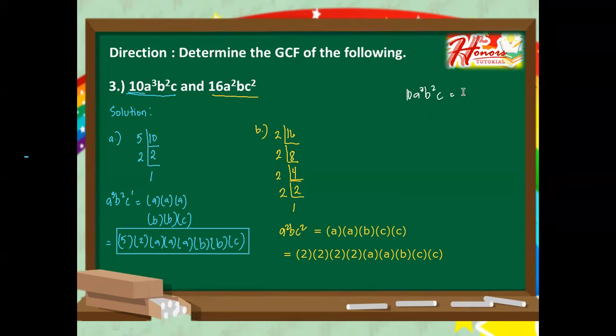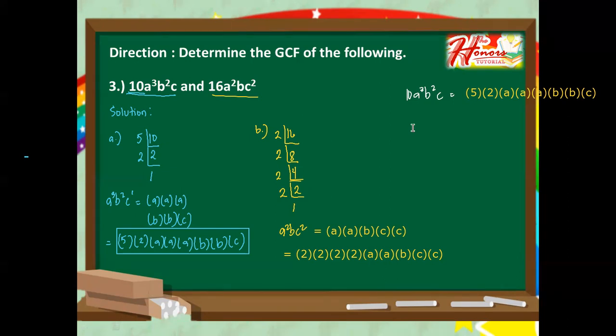Let's rewrite it. Then it is 5 times 2 times a times a times a times b times b times c. Okay, so this is the factors of 10a cubed b squared c.